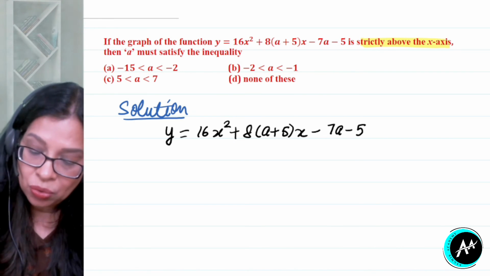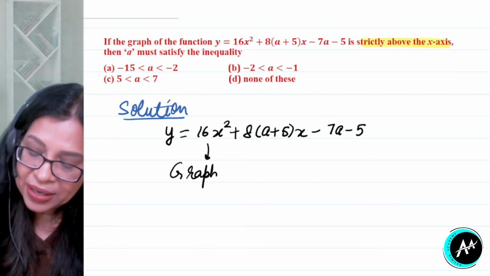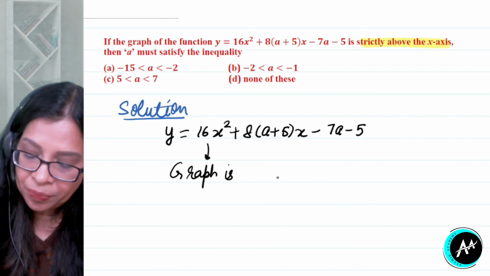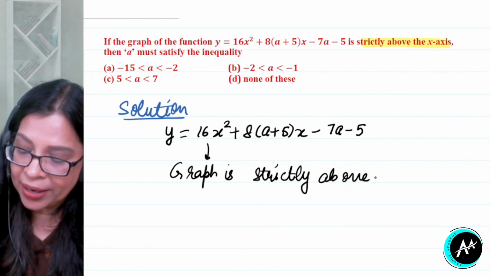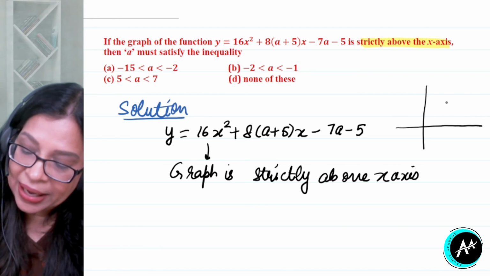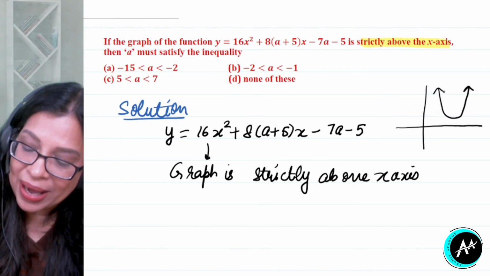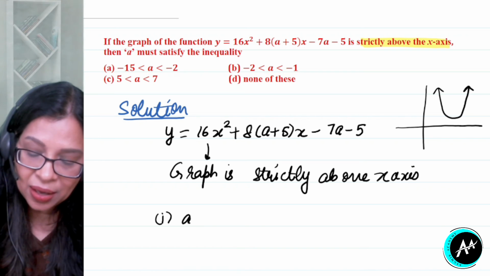Got it? So we are given that graph is strictly above the x-axis. So when is the graph strictly above the x-axis? If parabola opens upwards, that means first condition is that a is positive.